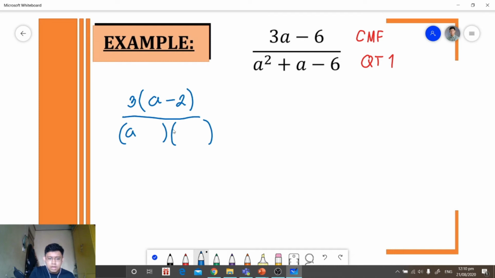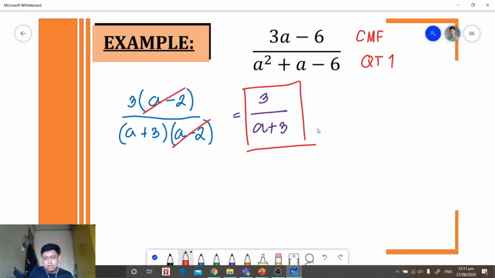We have a and a, positive 3 and negative 2. Okay, and then after that, let's apply cancellation. So cancel the common factors. Let's write what's left in our expression. So we have 3 over a plus 3. This will be our final answer.